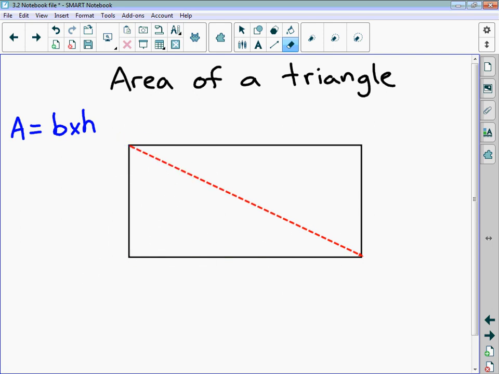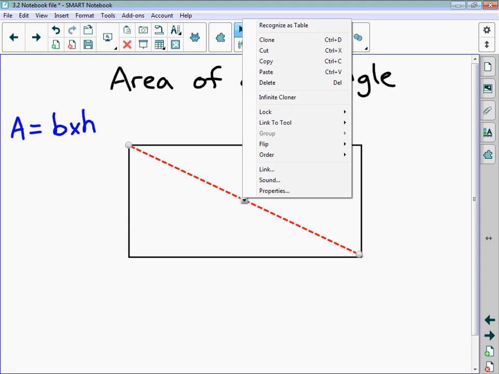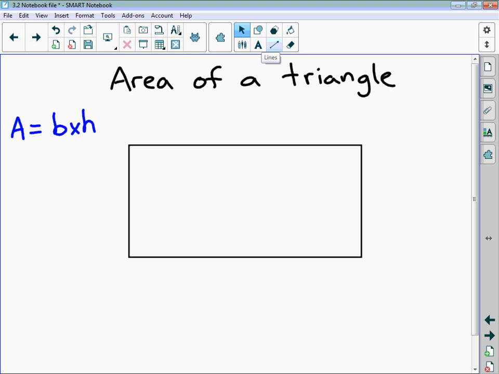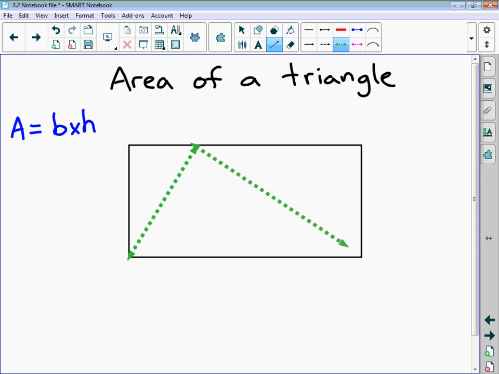But what about if instead of this dotted line being here, so let's get rid of that, what if a triangle was drawn inside of this rectangle that looked more like this? It came up to there, and then down to here.